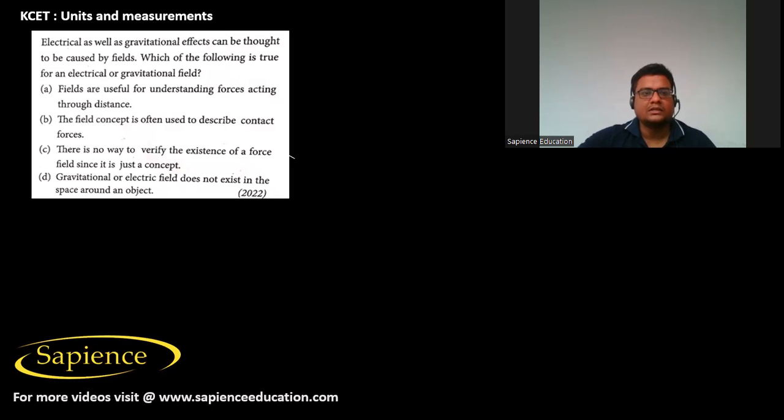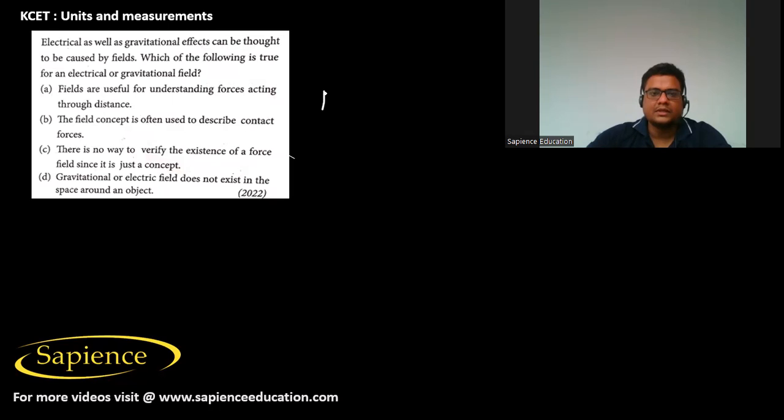Then it is told electrical as well as gravitational effects can be thought to be caused by fields. Which one of the following is true for an electrical or gravitational field? Fields are useful for understanding forces acting through distance. So here we know that fields are useful.